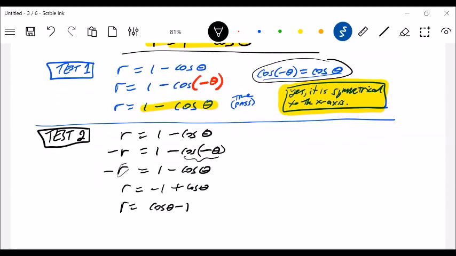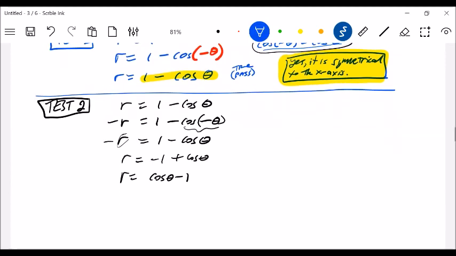But either way, the equation is different, so we would call that a fail. This and this are not the same.